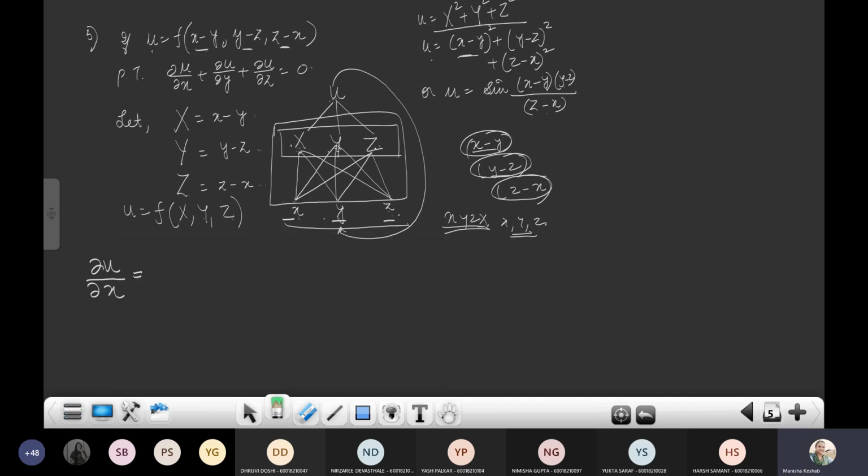जितने भी पाथ है x तक आने की सारे पाथ हमें कंसिडर करना है. So one path is like this. Okay. Second path will be like this and the third path will be like this. So we need to consider all these paths.